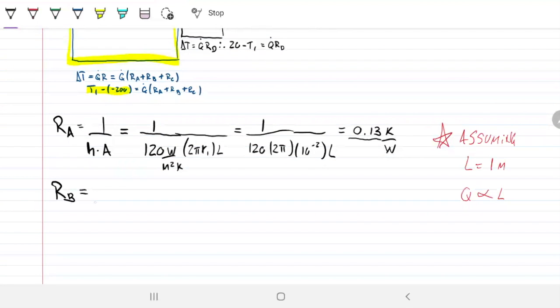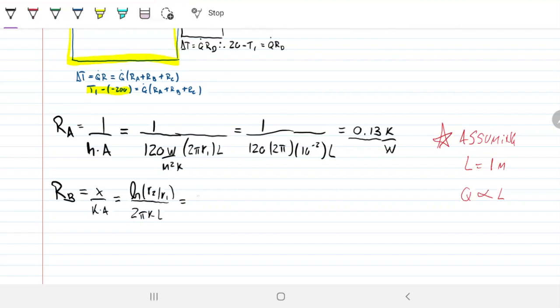So our conduction for a cylinder is going to be that XKA, and then remember that the X is going to become the radius, and when we integrate all the things, it will become natural log of R2 over R1 divided by 2 pi KL. We're assuming L to be 1. K is the conductivity for copper.